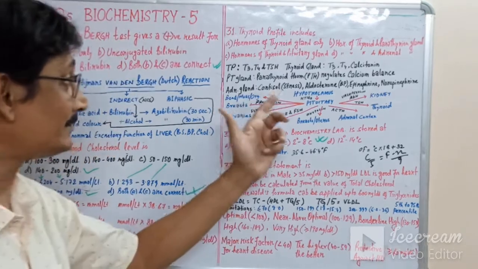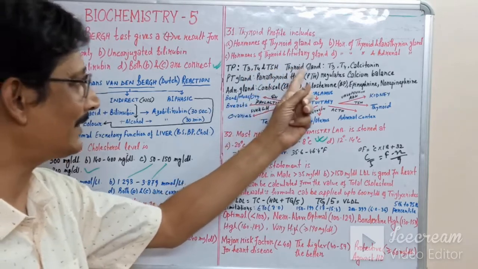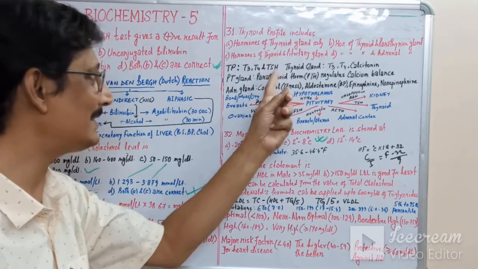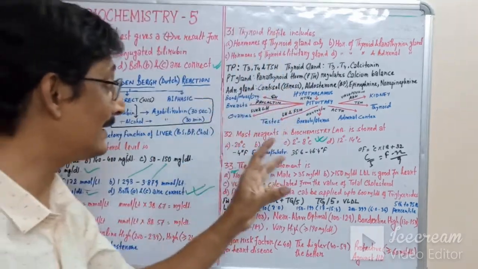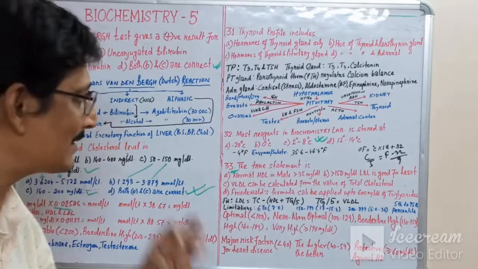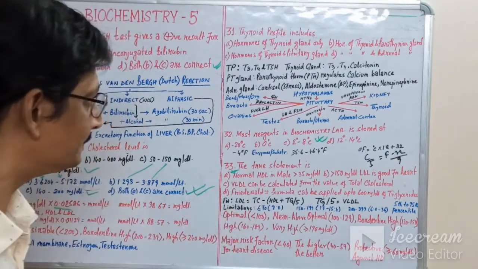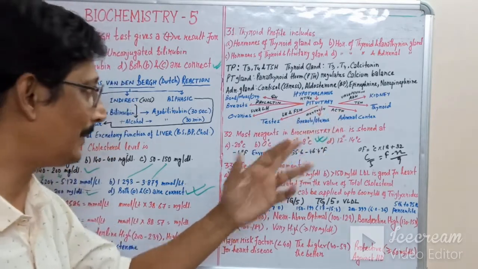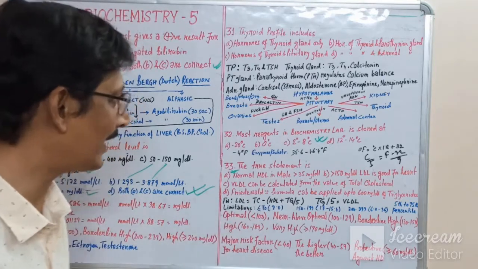Now we get that T3 and T4 are secreted by the thyroid gland, but TSH is also included in the thyroid profile test. TSH is secreted by our master gland, the pituitary gland, which is again regulated by hypothalamic hormones from the hypothalamus.